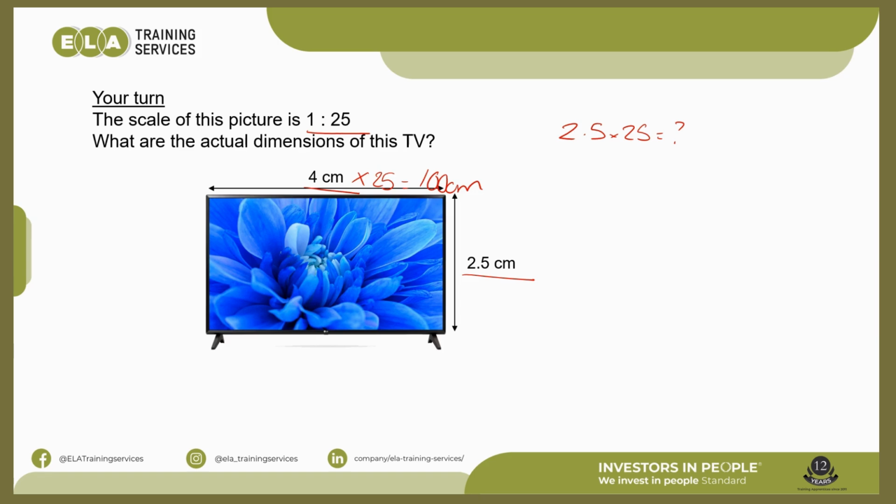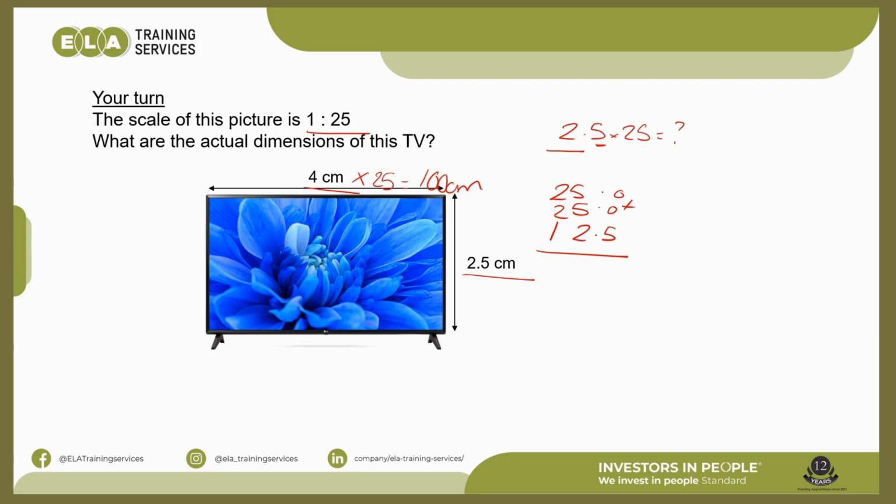Now for those of us that have a calculator, we can just pop that in, easy peasy. But for those of you that are doing it with mental maths, let's break it down. 2 whole 25s is the first thing we need to add together. The next thing we want is half of a 25, and half of 25 is 12.5. Then we're going to add these three things together.